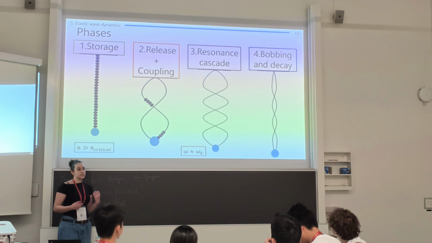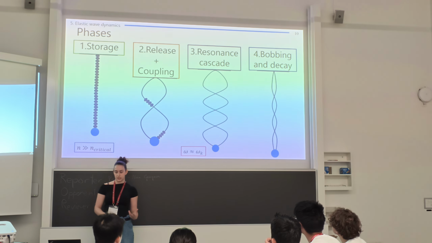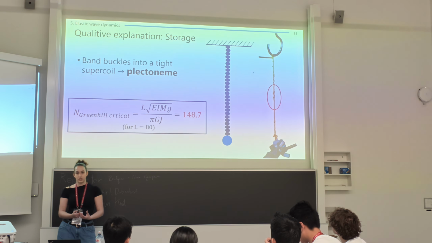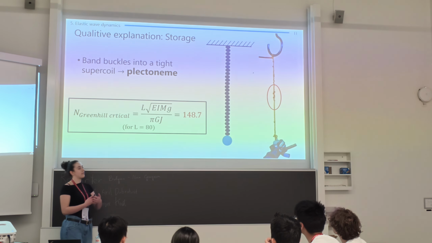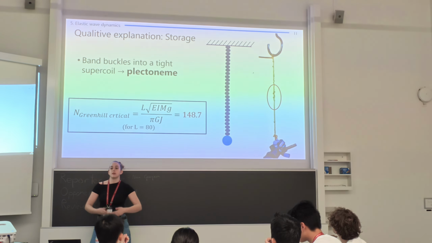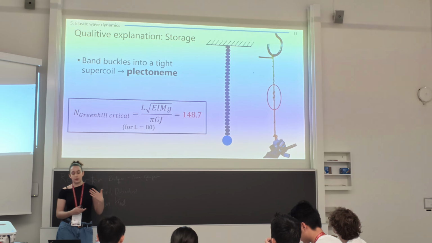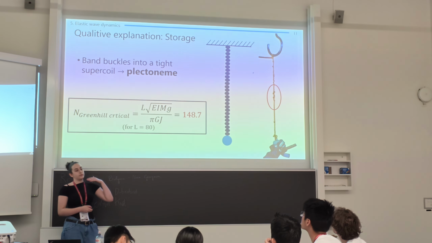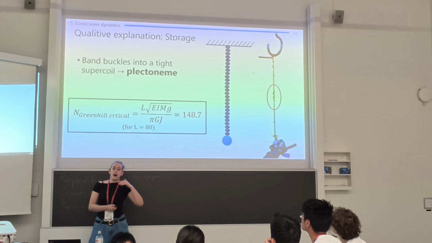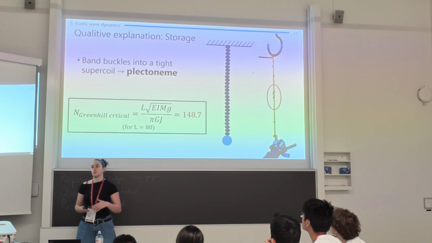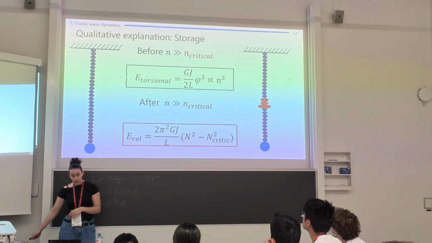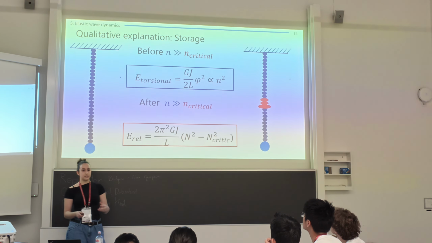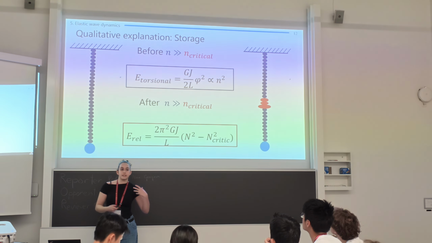So, how do we explain this? We have 4 stages. First is the storage. As I explained earlier, we have the plectonym. When the band is wound up, it stores some kind of energy. We define a certain number of turns which is critical.